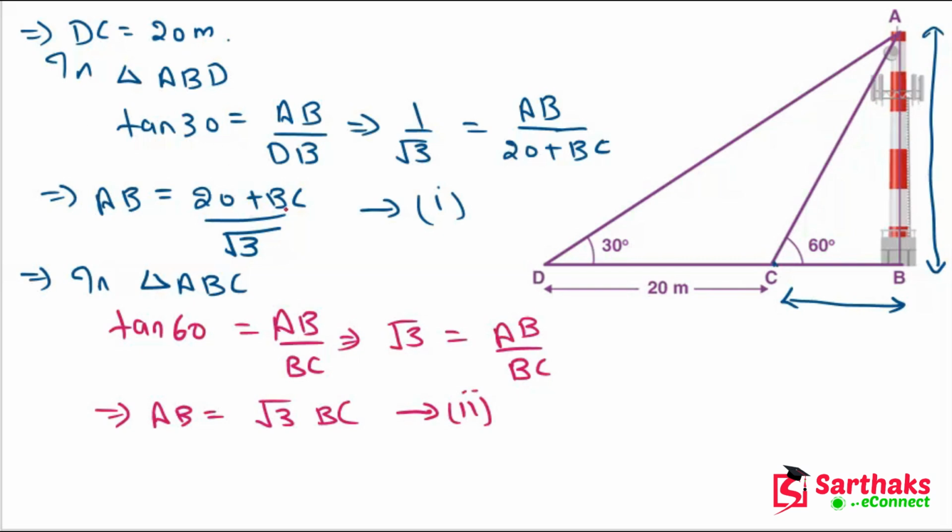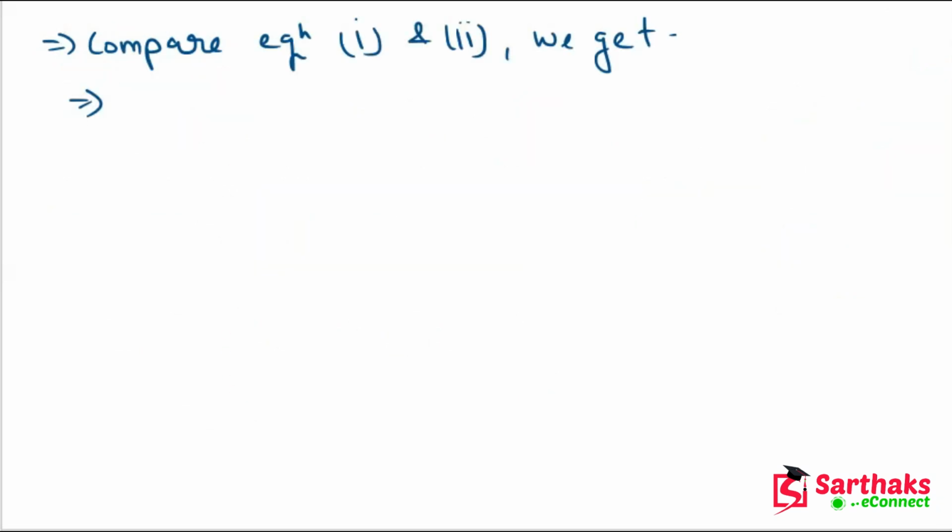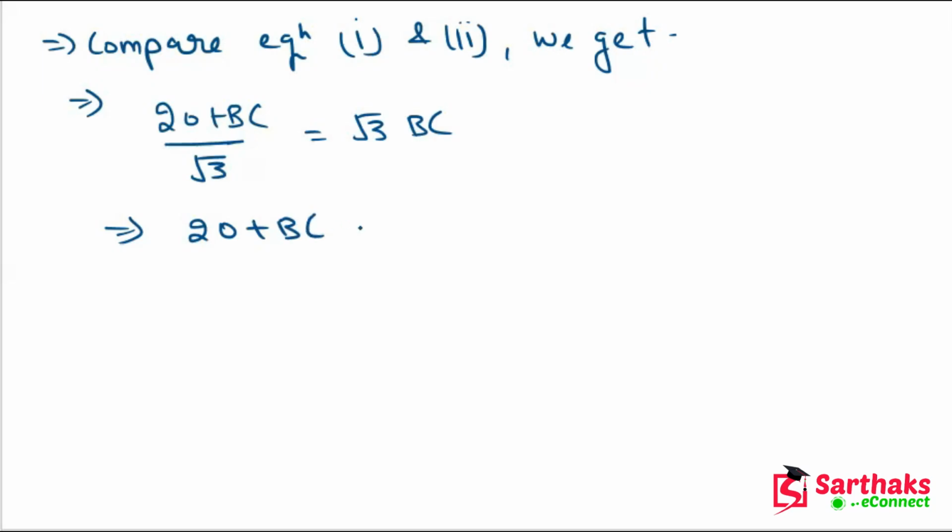(20 plus BC) upon root 3 is equal to root 3 into BC. If we solve it, we get 20 plus BC is equal to thrice BC.